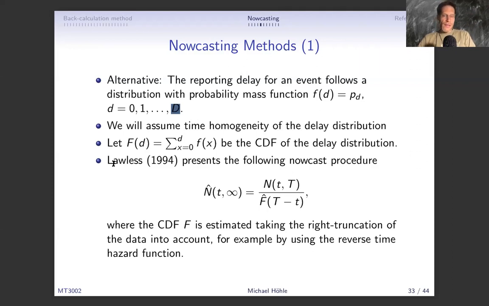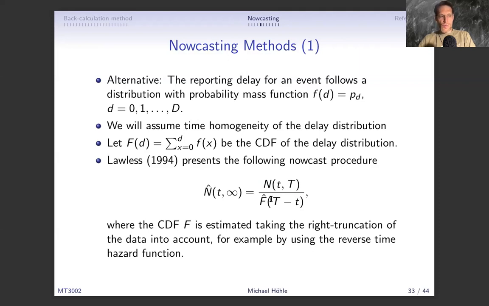Then there's a very simple and intuitive way of finding an estimate for the total number of cases. We say that's what we observed: let's say 5 cases by now, at time point small t. The time point we're trying to predict, let's say, is yesterday.